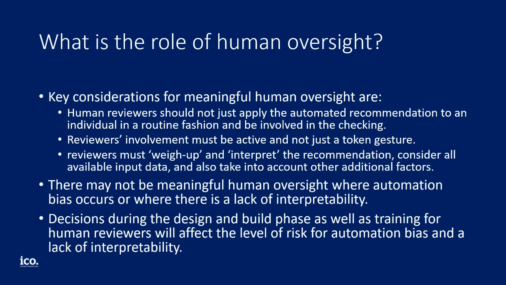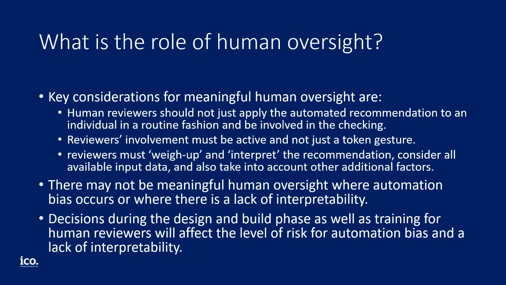So there'll also be cases where you have an AI system that's not intended to be used in a solely automated fashion, and therefore you do not intend for it to be within the scope of Article 22. And in order to ensure that that is the case, you need to make sure that the human who is making the decision that's informed by the AI system is not just rubber stamping it, or just applying the result of the algorithm in a routine way.